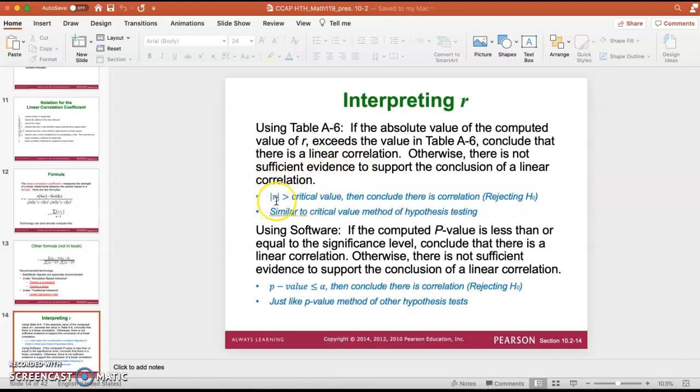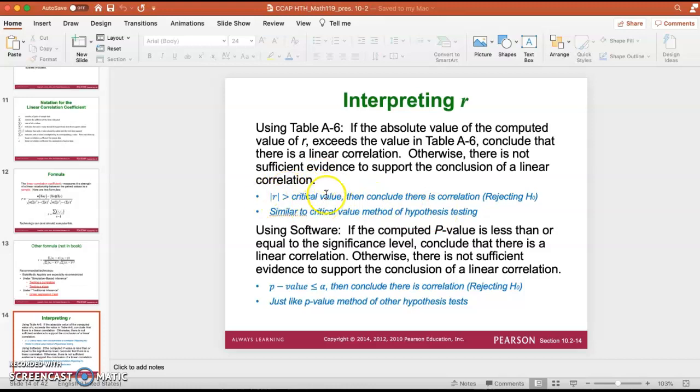So again, we'll calculate a correlation coefficient value either using technology or those big formulas. And if it's bigger than the critical value, then we conclude there is a correlation, which when we do the hypothesis tests is like rejecting H0, which you'll see in a little bit, because H0 will usually be that there is no correlation. And so this is actually similar to the critical value method of hypothesis testing from chapter 8.